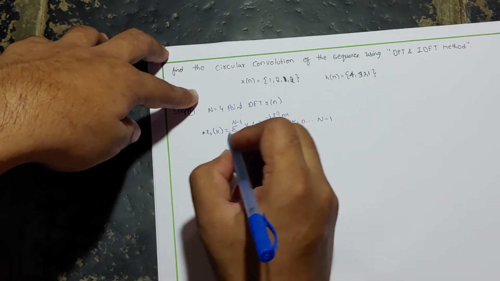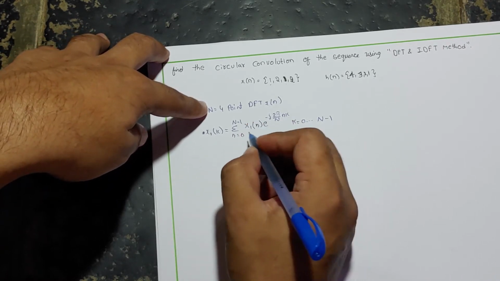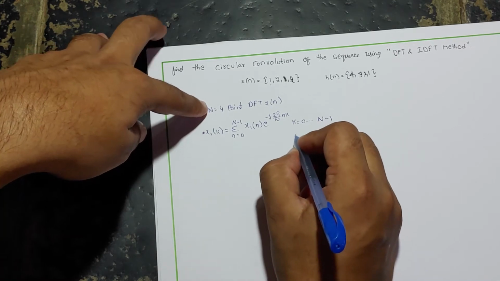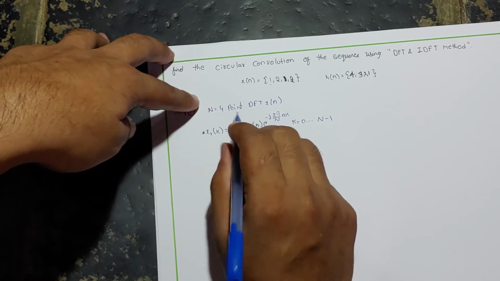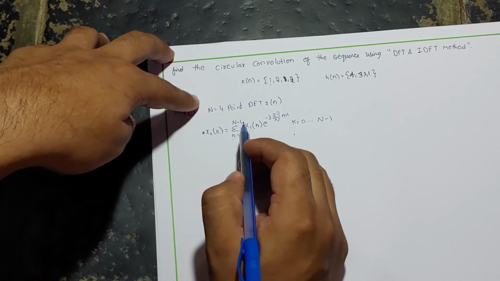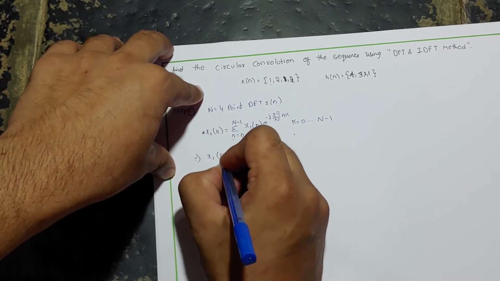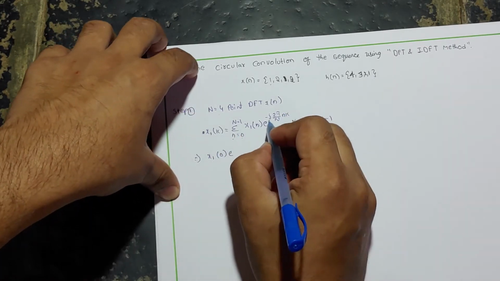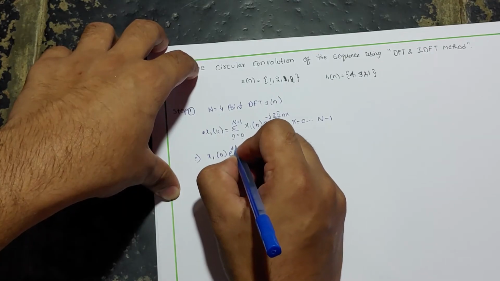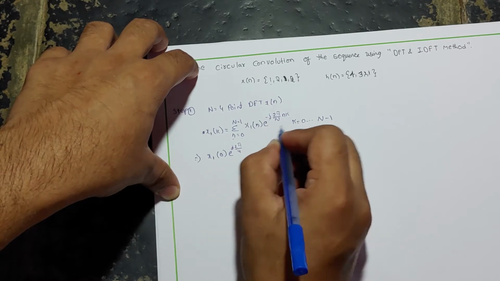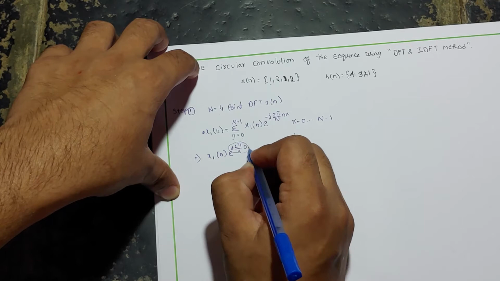Now let us keep the values of k aside and place the n values from 0 to 3, as n ranges from 0 to N minus 1, where N is equal to 4, that is 3. That implies x1 of 0 times e power of minus j into 2 pi by 4 times n. Here n is equal to 0, so this term will be equal to 0.